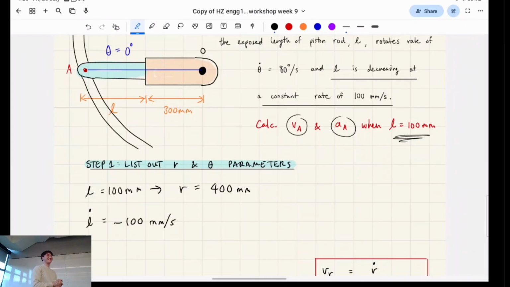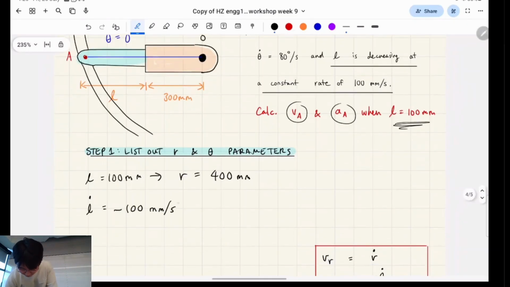You sure? The length is different, for sure. But the change in length is the same. If I have a very long piece of rope and I'm burning it at a rate of 100 mm per second, it doesn't matter how long that rope is, it's burning at the same rate. So that's the same as R dot.